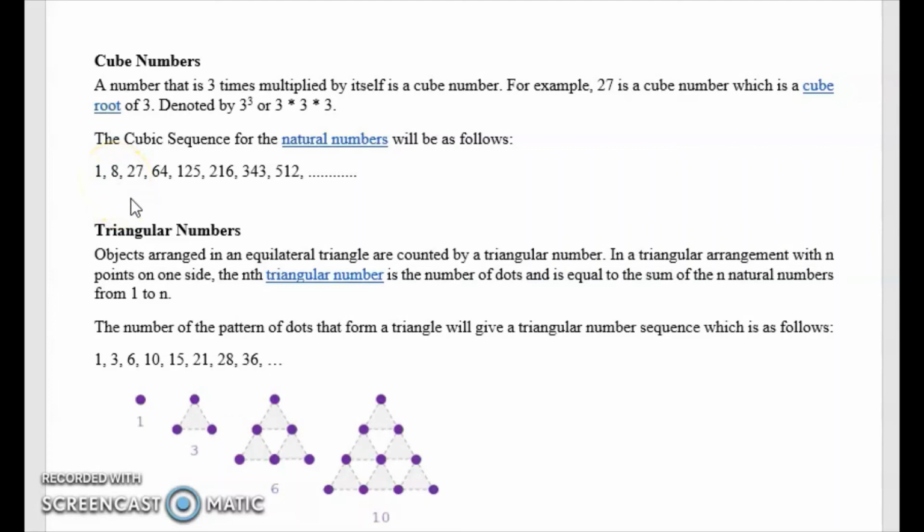Anong susunod sa 2? 3. 3 times 3 times 3 is 27. Next to 3 is 4. So, 4 times 4 times 4 is 64. Next to 4 is 5. We will multiply 5 three times by itself, so 5 times 5 times 5 is 126. Anong susunod sa 5? 6, 7, 8, and so on and so forth. Okay? So, that's why we call it cube numbers.